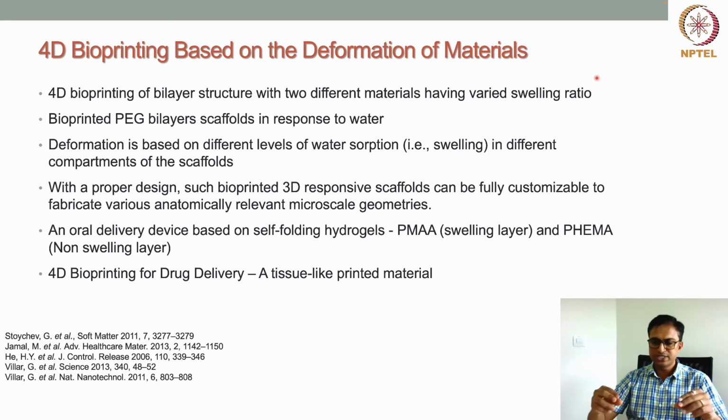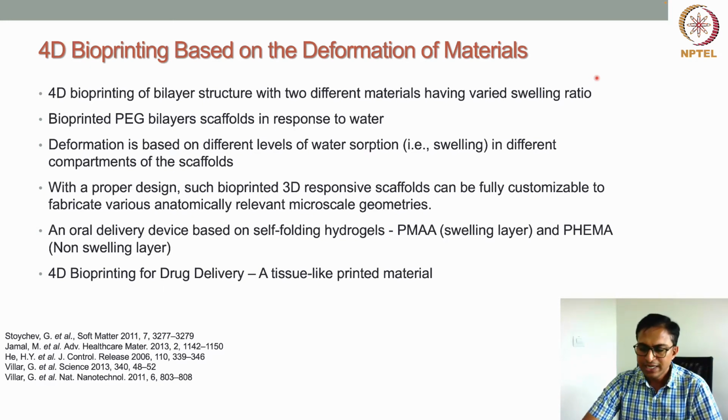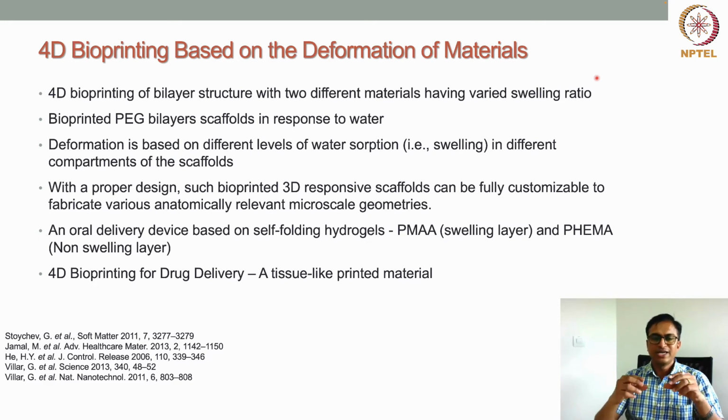Suppose you print the structure and then dip it in water: the swelling of the layers would be very different from each other. The layer with the higher swelling ratio will expand more than the layer with the lower swelling ratio. Due to this difference in expansion, there will always be a bending of the material.